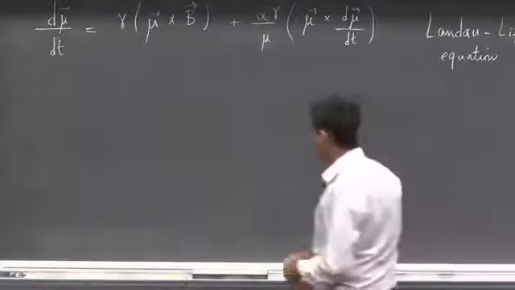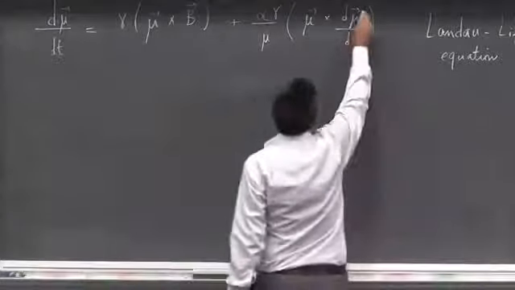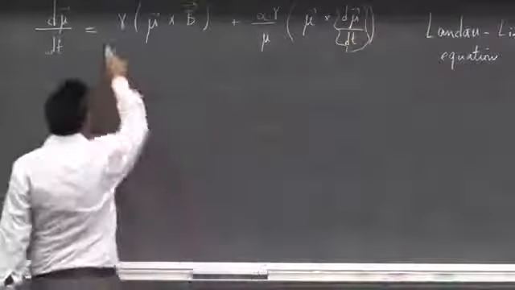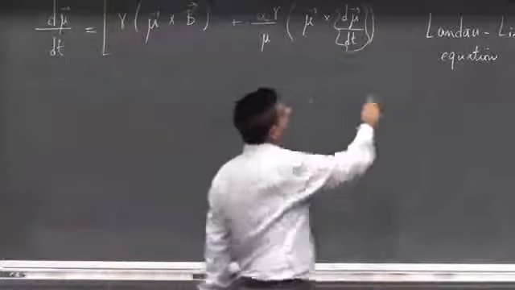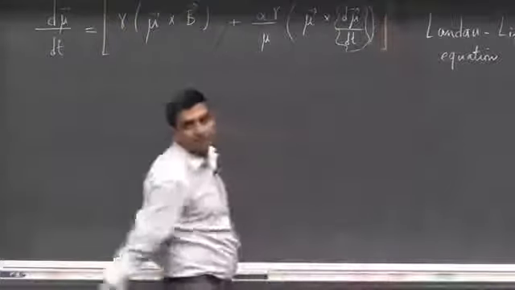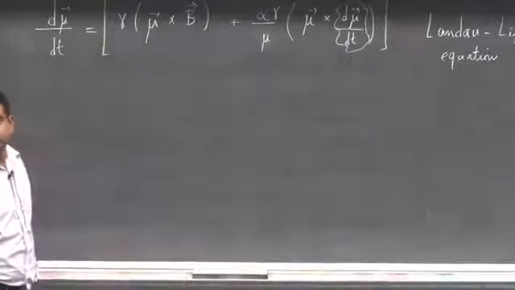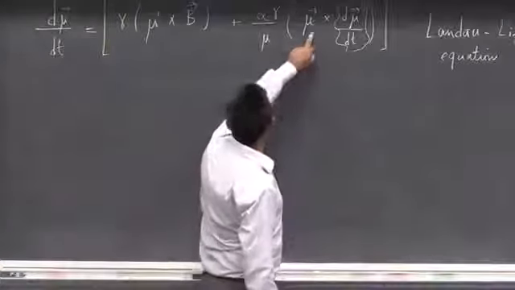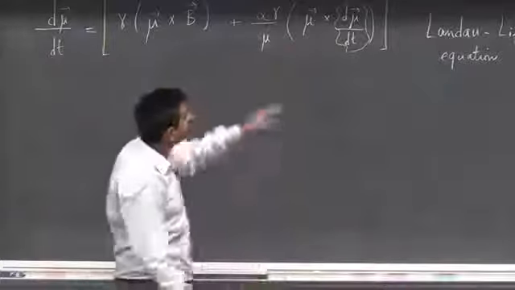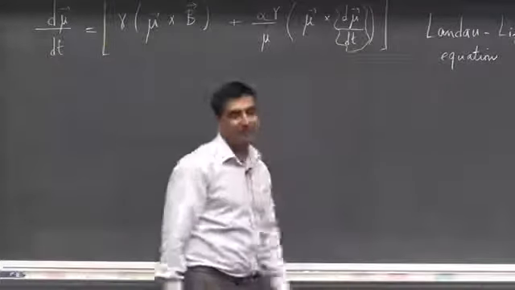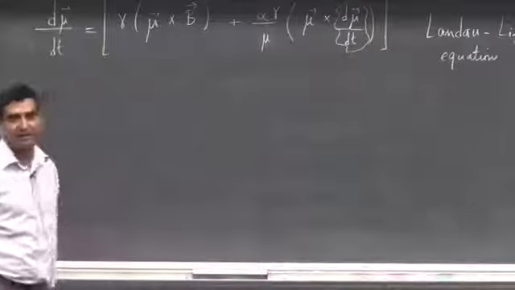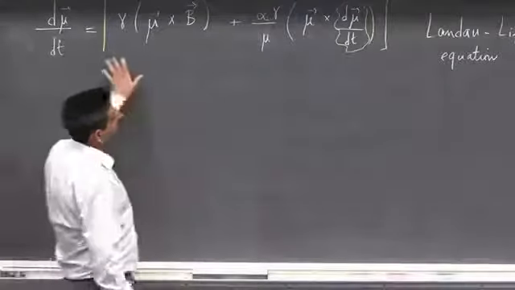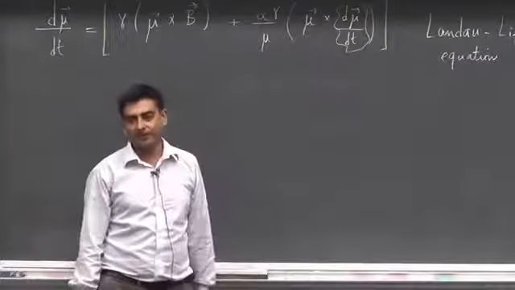You would replace this d mu over dt by all of this. And when you make this replacement, you get mu cross with mu cross B, and you get mu cross with mu cross d mu by dt, and then you use certain vector identities to have an equation in which the right hand side is devoid of d mu by dt.